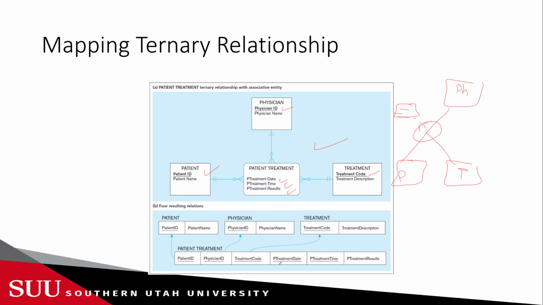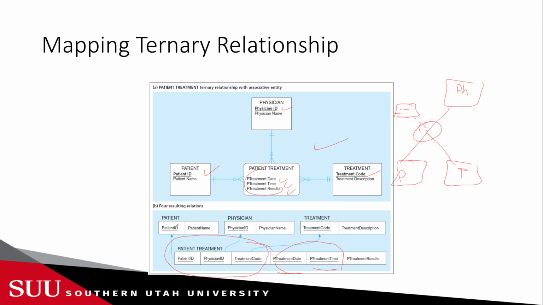Now in this example, it has the treatment date and treatment time as parts of the key, because this is assuming that we only have one date and one time for the treatment for each patient. So this is an assumption for this part, but this is what you need to care about.